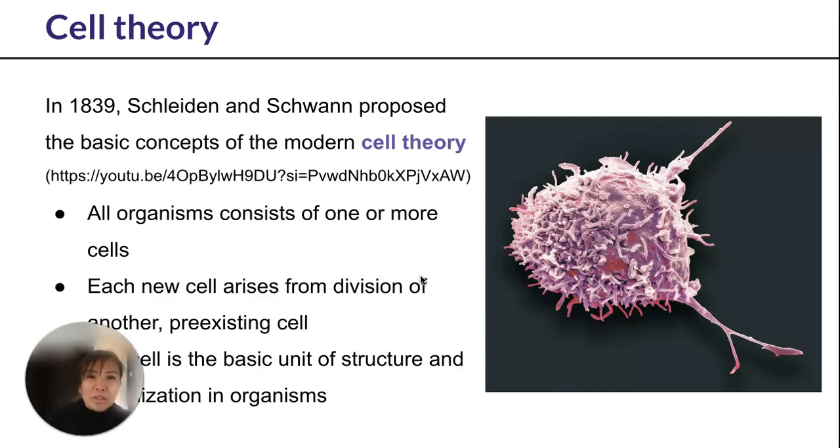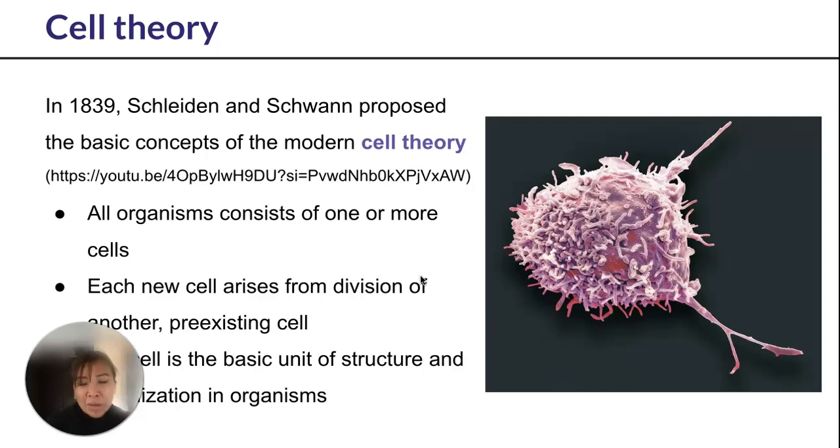And so going back to the discovery of cells, we have two scientists here in the 1800s. We have Theodor Schwann as well as Matthias Jacob Schleiden, who were observing different cells.